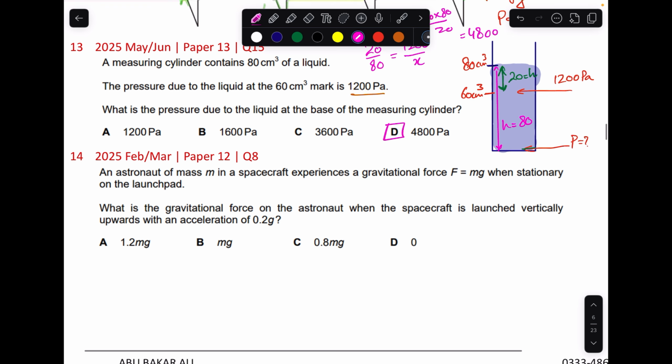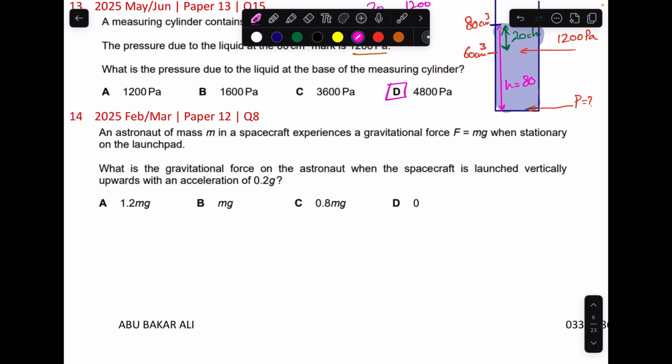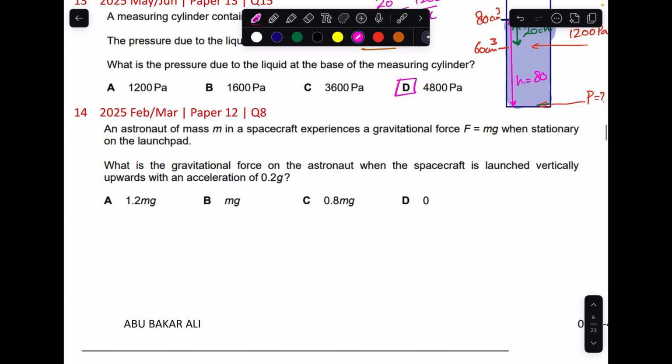In the next question, an astronaut of mass m in a spacecraft experiences a gravitational force mg when stationary on the launch pad. What is the gravitational force on the astronaut when the spacecraft is launched vertically upward with an acceleration of 0.2 g?